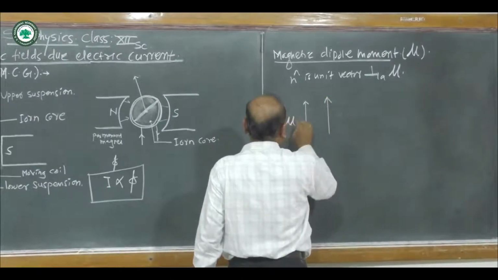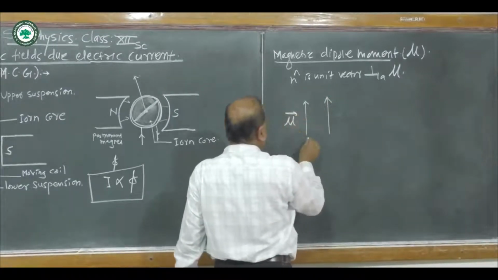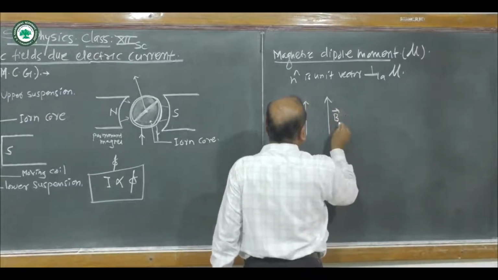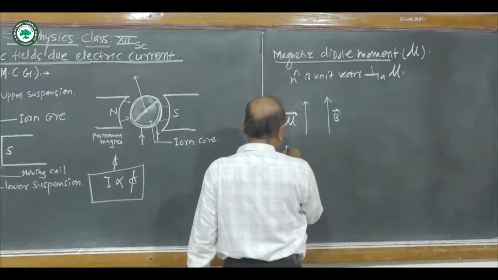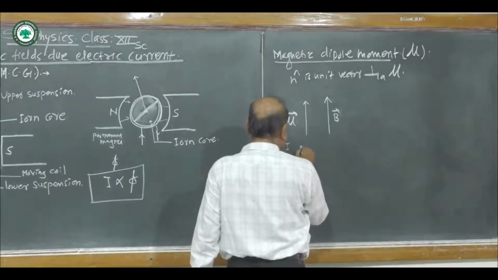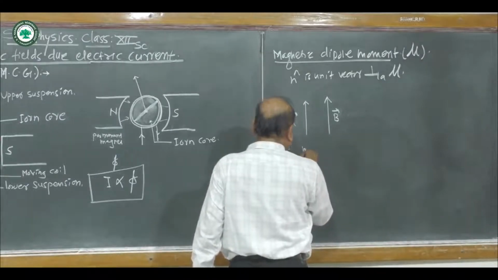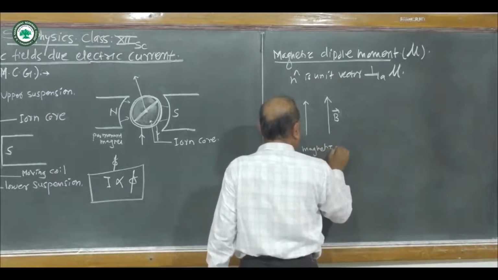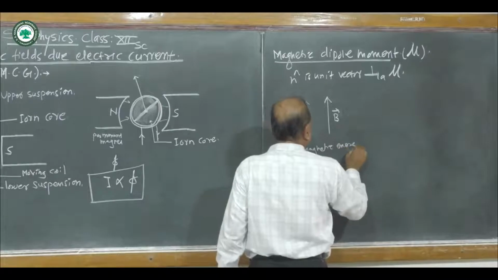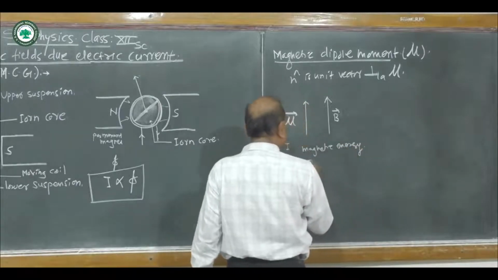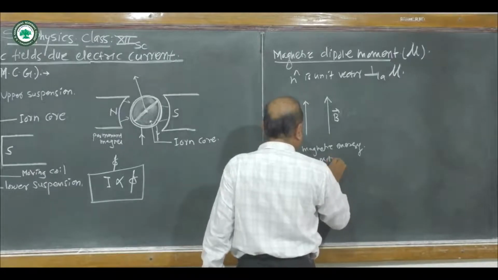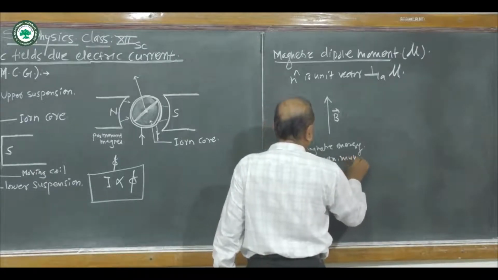that is, the magnetic dipole moment mu here, and here the magnetic field B here. Now in this case, the magnetic energy is minimum.